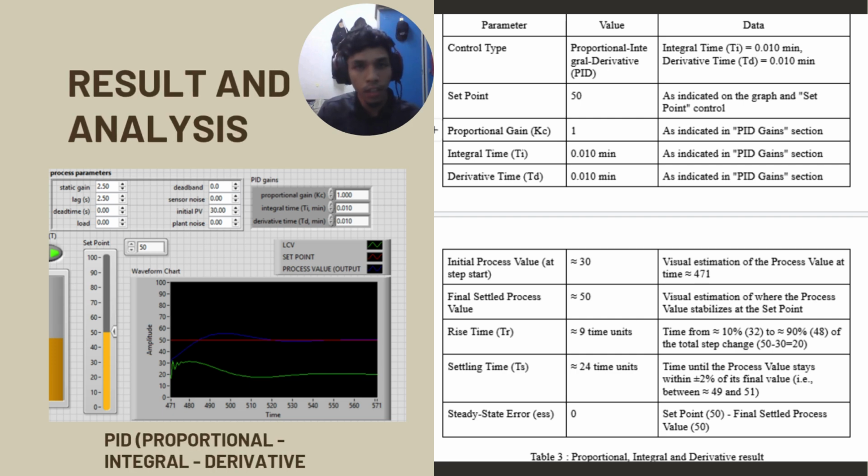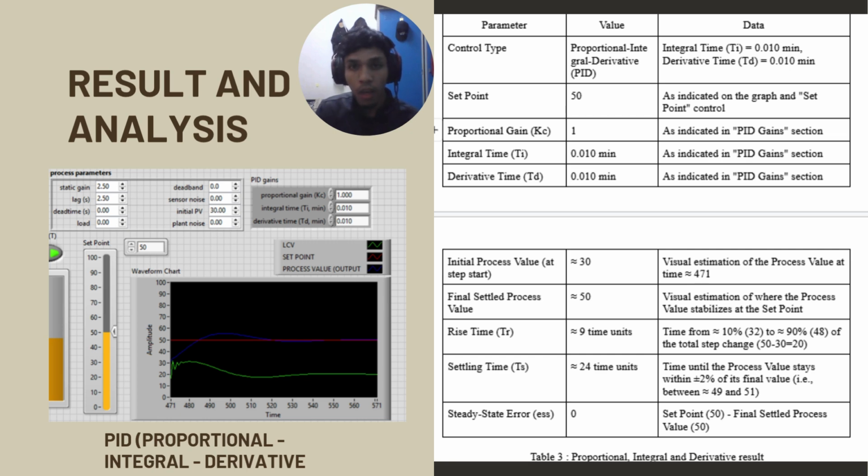And our final result and analysis is using PID, proportional, integral, and derivative. We have the set point, which is the same 50, with proportional gain 1, integral time 0.01 minutes, and derivative time 0.01 minutes, and the initial process value at start will be 30, which is around 30 in the graph.